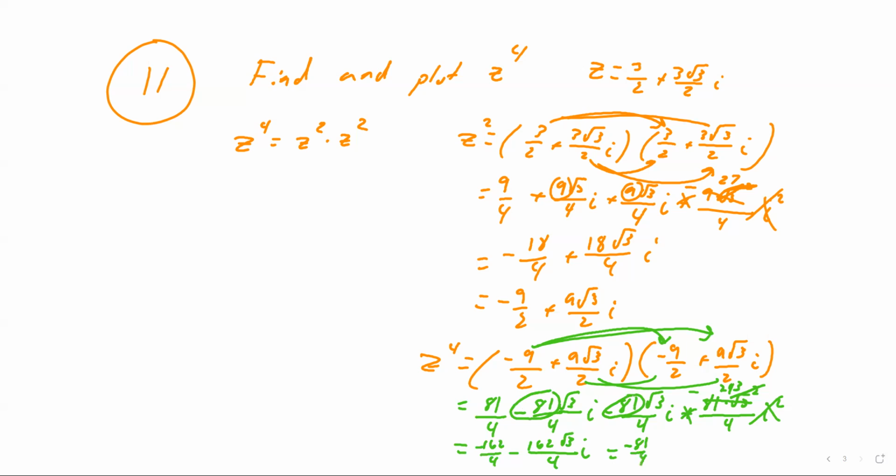There's a connection here. Minus 81 halves. You're right. Yeah, you just add the numbers in front of the square roots.